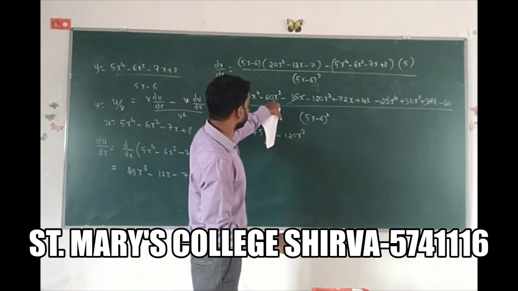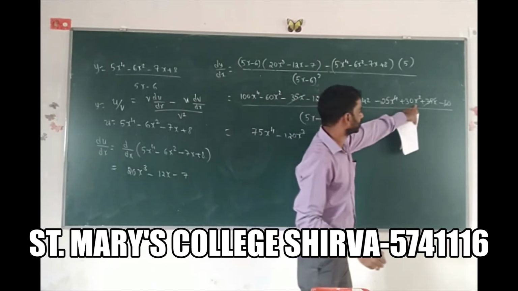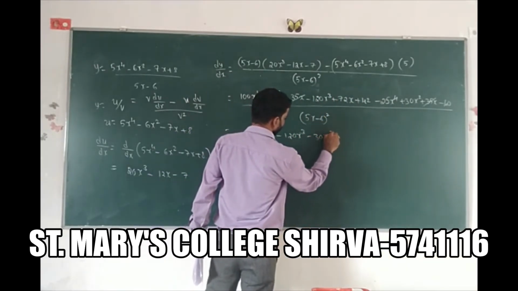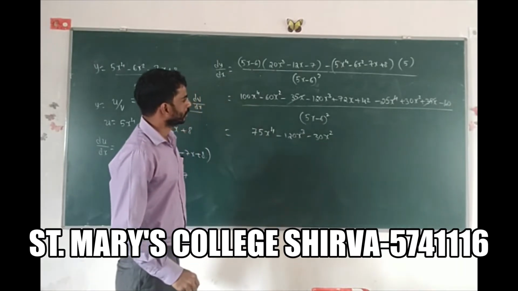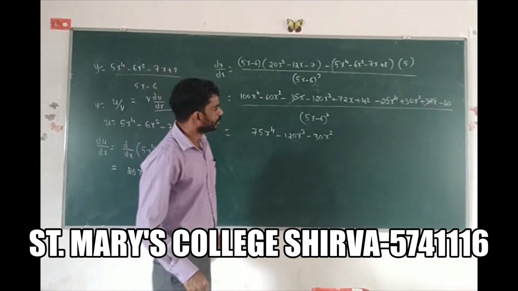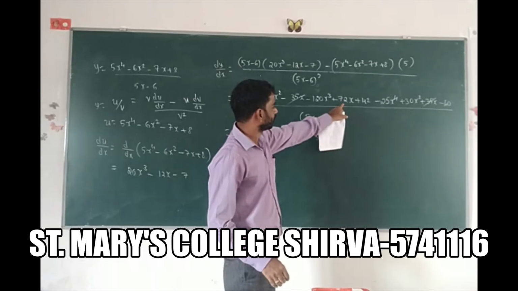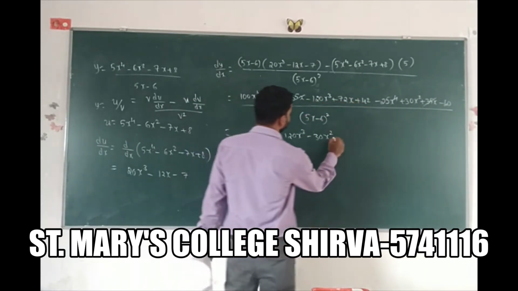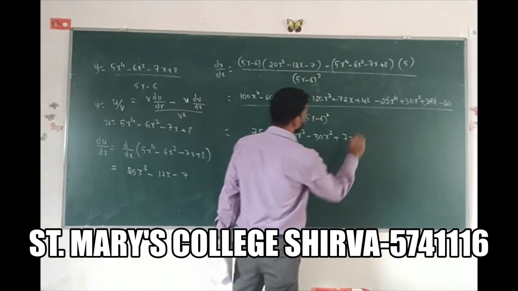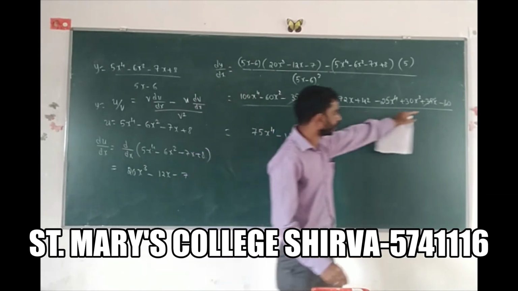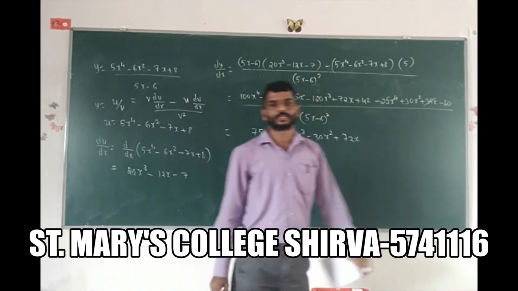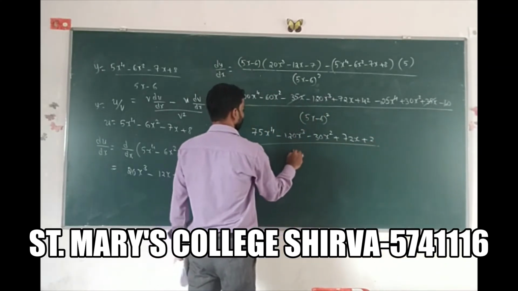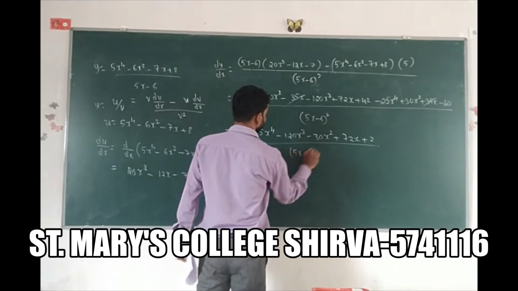Then for the x square term, minus 60x square plus 30x square, so the remaining is minus 30x square. Next, 72x remains; the 35x cancelled. Next, plus 42 minus 40, the answer is plus 2. So divided by 5x minus 6 whole square.